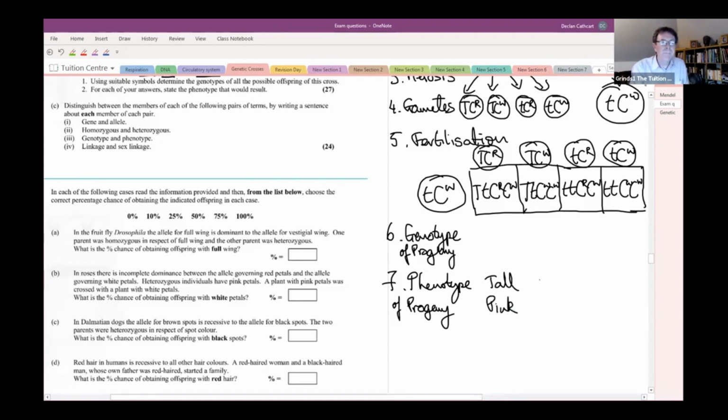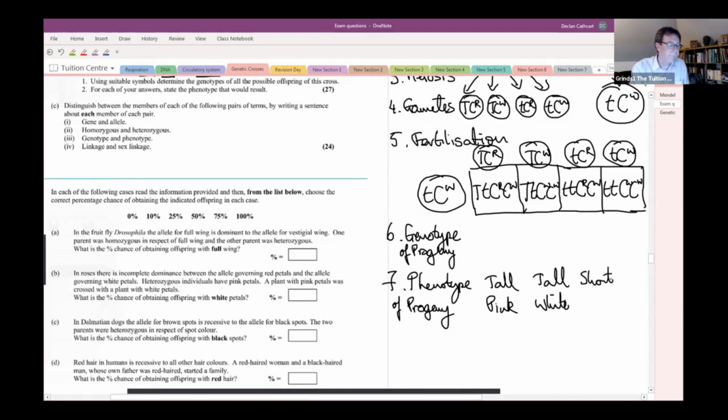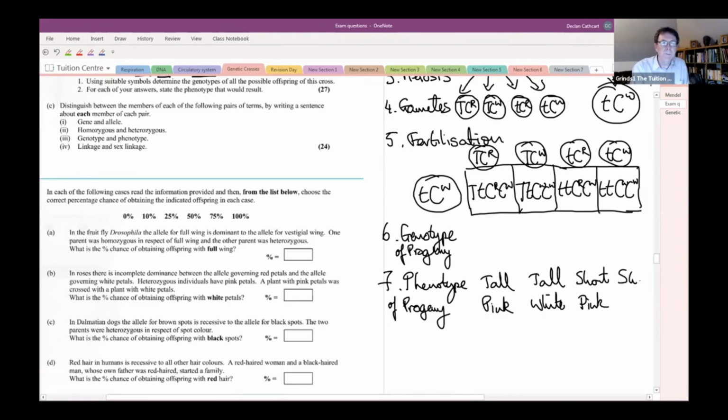But the second one, it's also going to be tall, but now it's got two white versions of the gene. So it's going to be white. The third one, again, it's going to be pink, but it's going to be short or dwarf. So short, pink. And then the last one, as we said, is going to be also short, but in this case, it's going to be white.